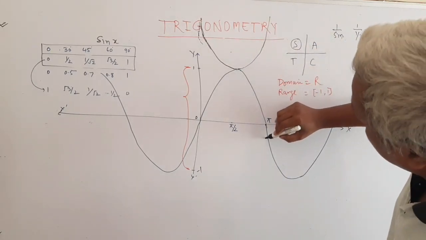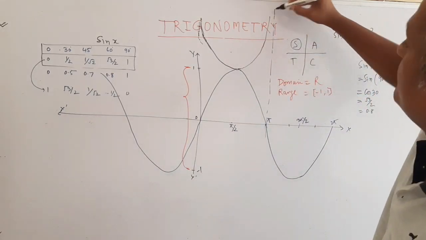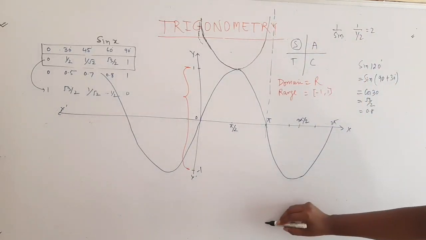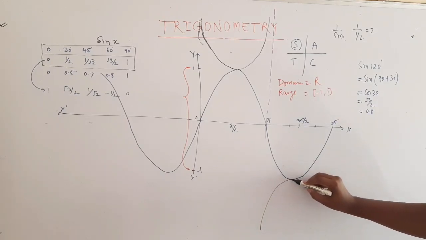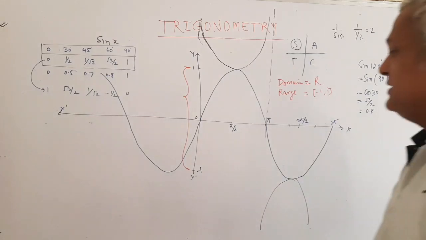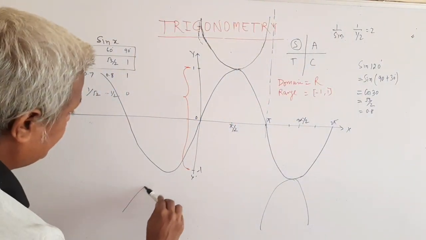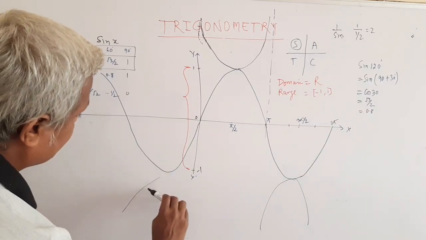At this point, if you draw a line, your graph becomes parallel. So it will have cusps at those vertex points, and this is the graph of the cosec function.